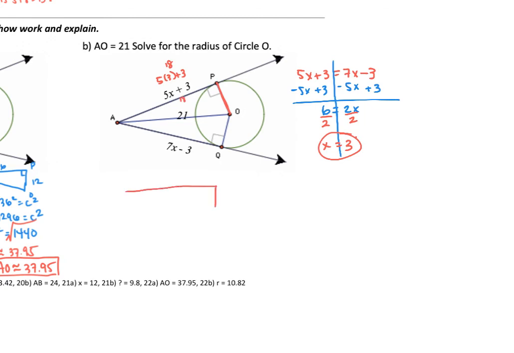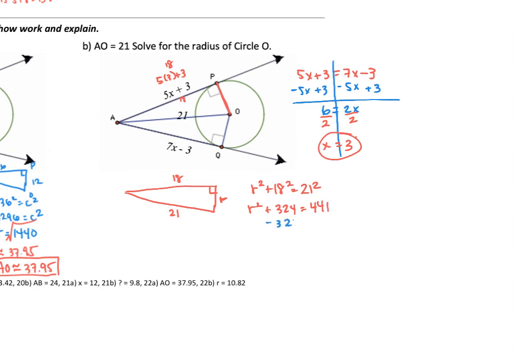So now using my right triangle here, my hypotenuse is 21, this is 18, and we're solving for, we'll call it r because it's the radius of the circle. So r squared plus 18 squared equals 21 squared. So r squared plus 324 equals 441.